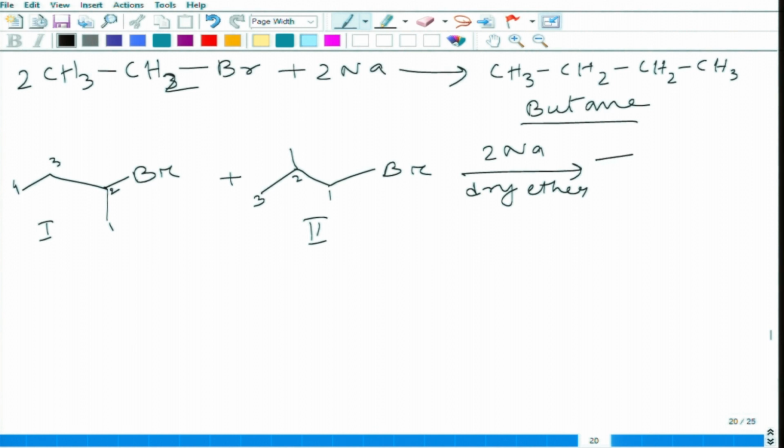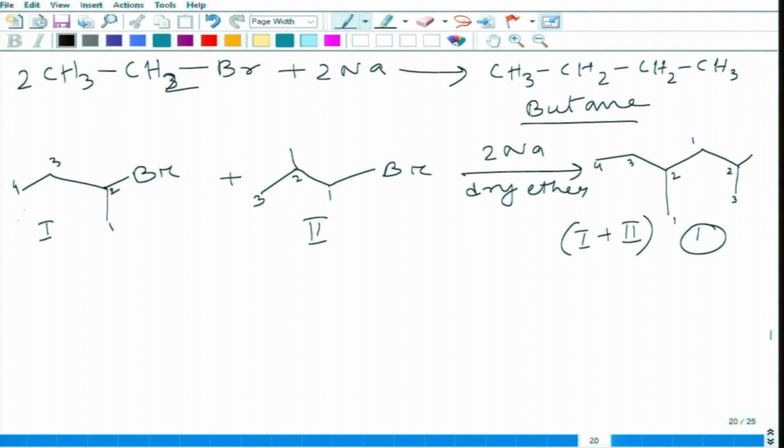So, the second carbon of 1 and first carbon of 2. Okay. So, this is one molecule which is formed by 1 plus 2.